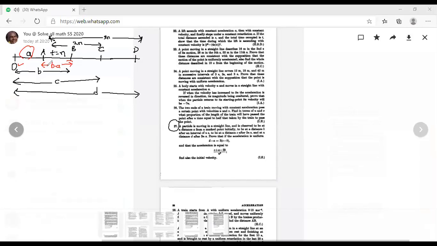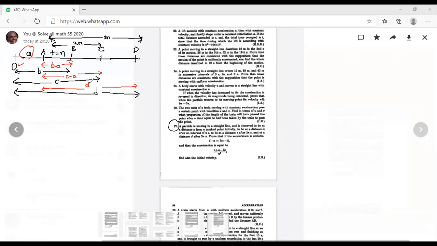Then, how about from A to C? What distance is it covering from A to C? C minus A. Then lastly, from A to D, what distance have we covered?